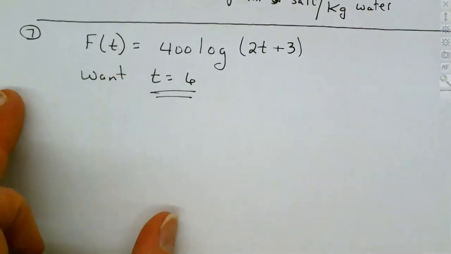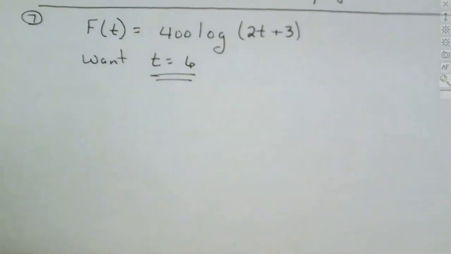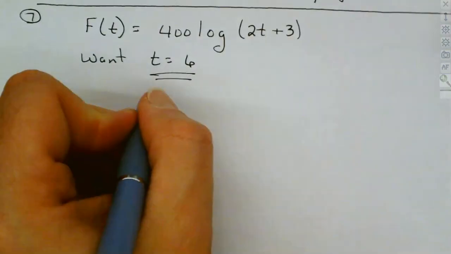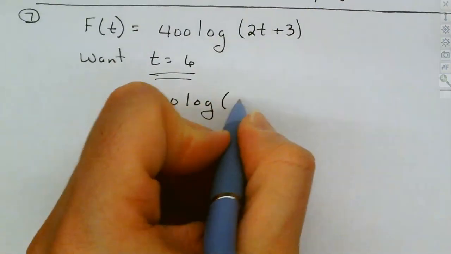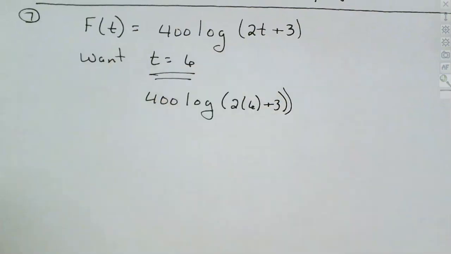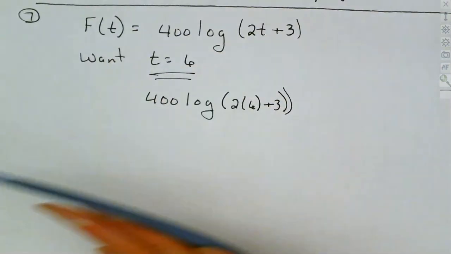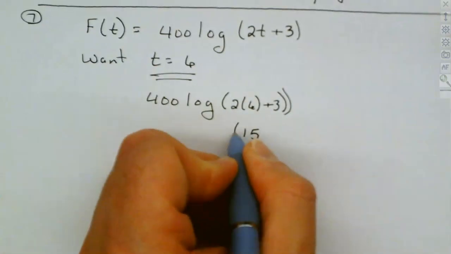So we're going to be using t equals 6 here. So let's plug our values in. Break it all down. And 2 times 6, that's 12, plus 3 more makes it 15.